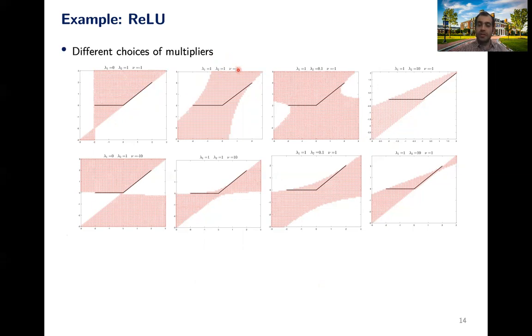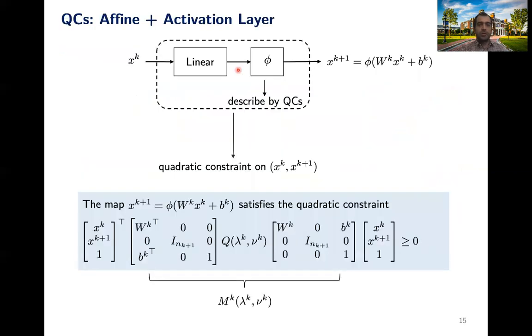So these multipliers will be the decision variables in the final optimization problem. After abstracting a single activation function by a quadratic constraint, we can repeat this process and abstract all individual activation functions in a single activation layer. Then, by simple linear algebra manipulations, we can translate these QCs into QCs for a whole layer consisting of an affine transformation plus an activation layer.